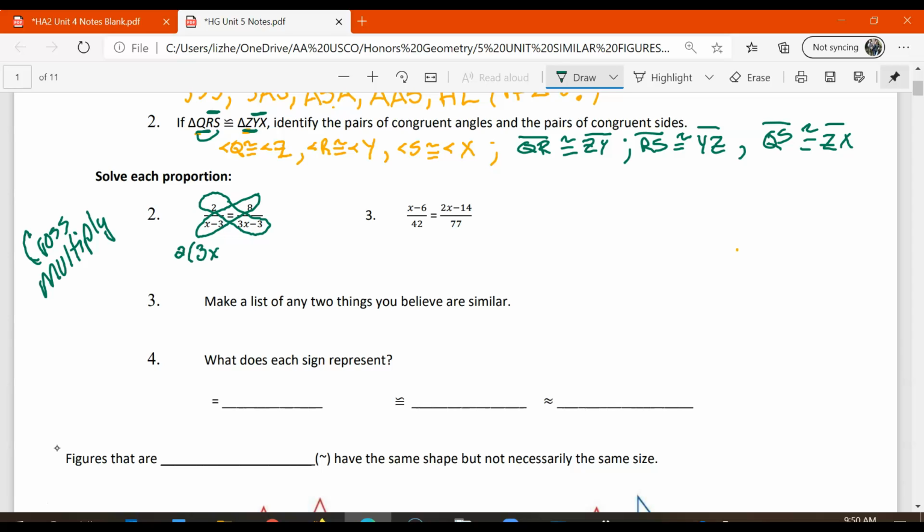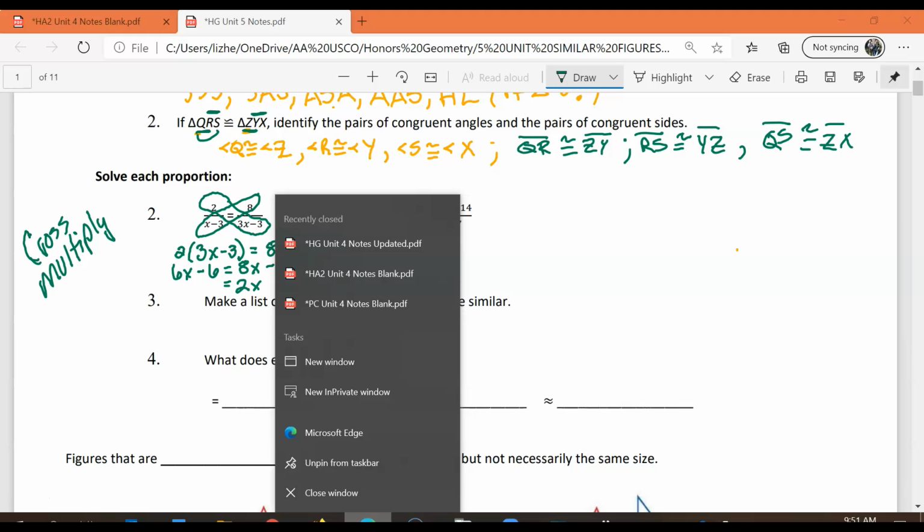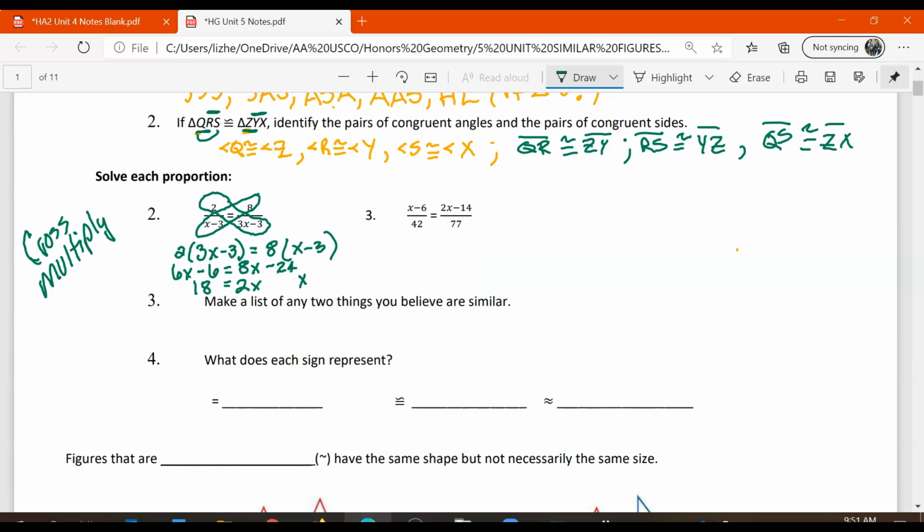This is just an algebra review, and when you solve that, distribute your 2 here, and you get 6x minus 6 equals 8x minus 24. So then 2x equals negative 6 plus 24, which is 18. So x is 9.